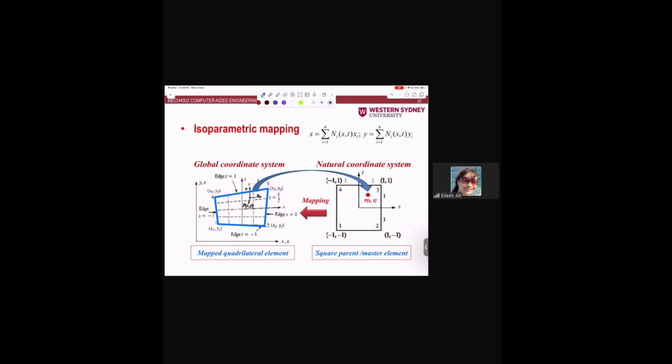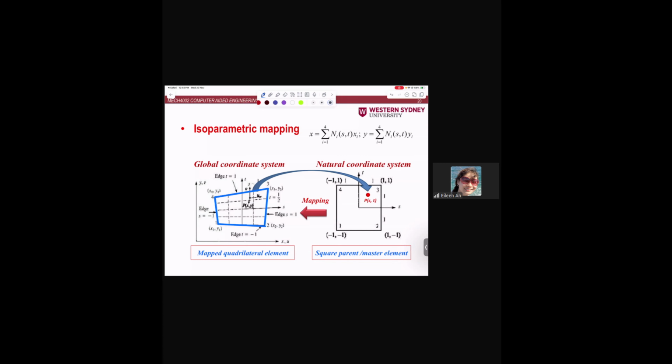But if we can map this element to a certain coordinate system, and in this coordinate system, this quadrilateral element has a square shape, and the length and width are both 2, in that case, the calculation would be much easier, right?